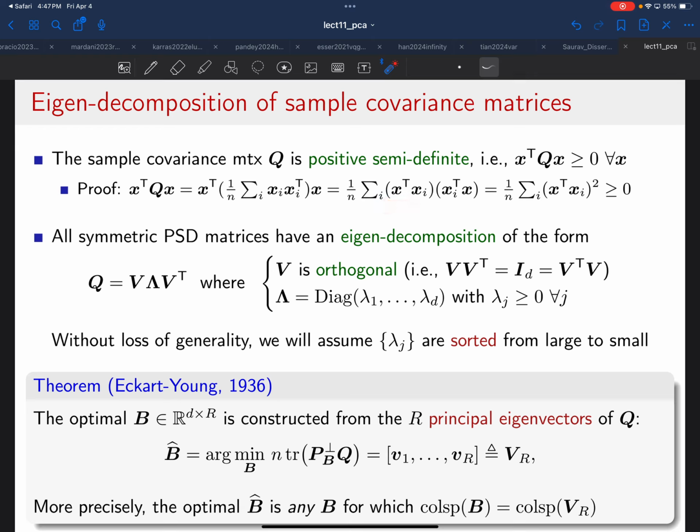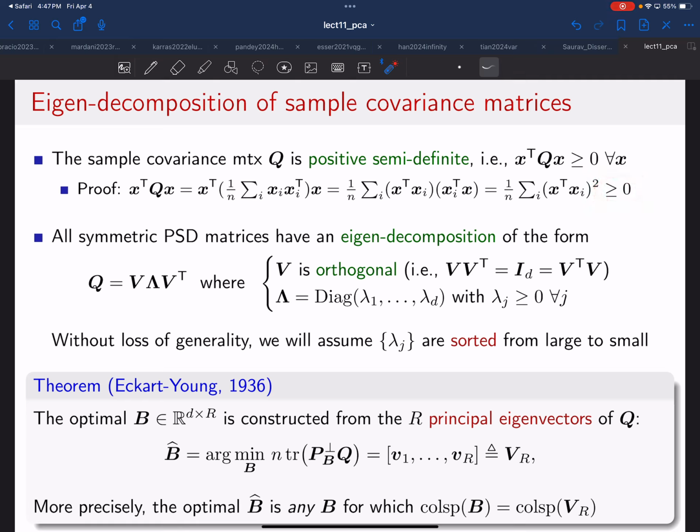So because they're scalars, I can always transpose a scalar, and it's the same thing. So if I transpose the second one, that actually allows me to swap x and xi, and then you notice that we have the same thing squared. And finally, the sum or average of squared things can never be negative. So this must be greater than or equal to 0.